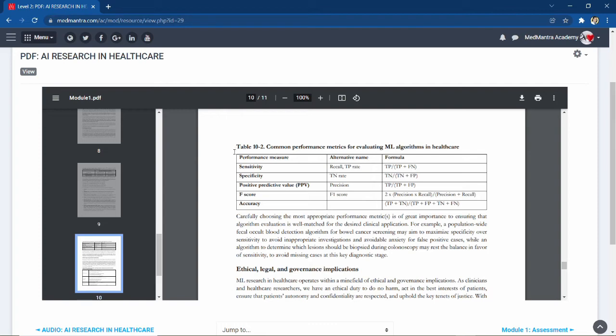Now, these are the common performance metrics for evaluating ML algorithms in healthcare.